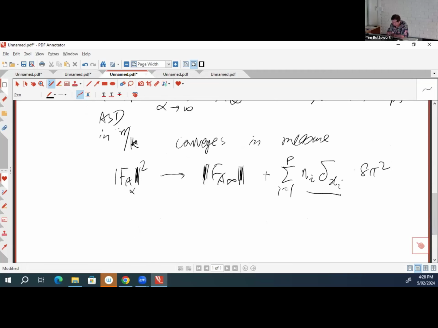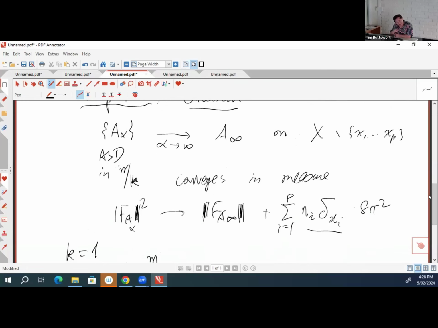And each of these, if k is 1, then this moduli space, so now I'm going to look at k equal to 1, and we have to compactify by adding points.